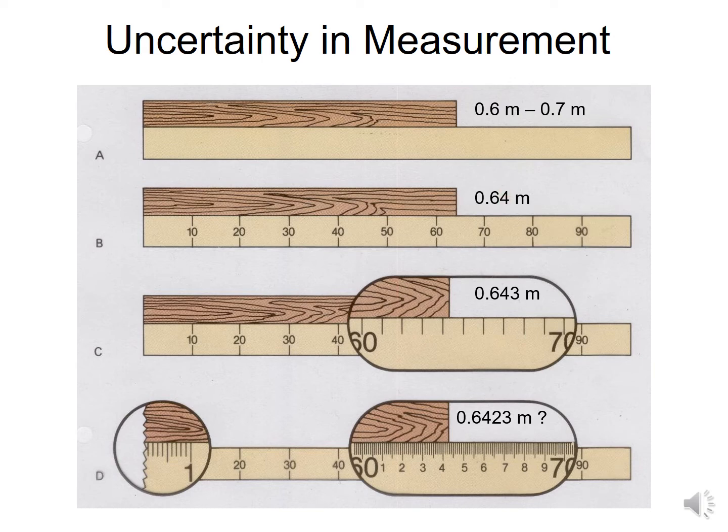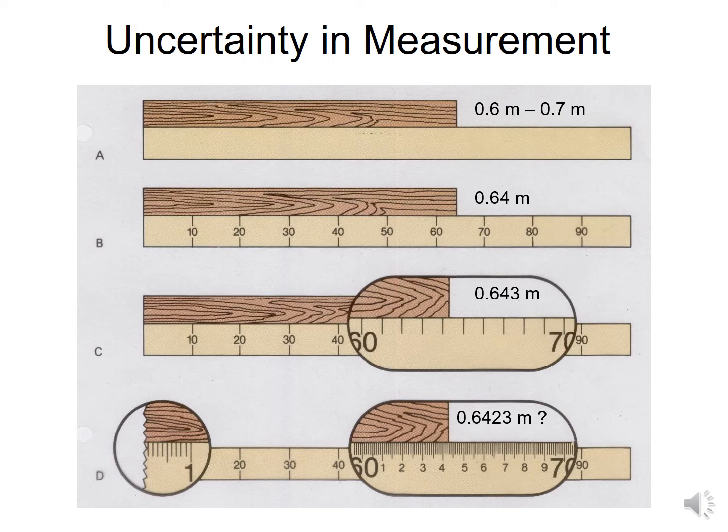So in every case, we can estimate our value for a measurement to 1 decimal place better than the smallest increment on our scale. And this is an important rule, so that we can say that whenever we measure an object, whether it's length or mass or any other physical characteristic you can think of, we always should record our measurement to 1 place better than the smallest division on the scale.